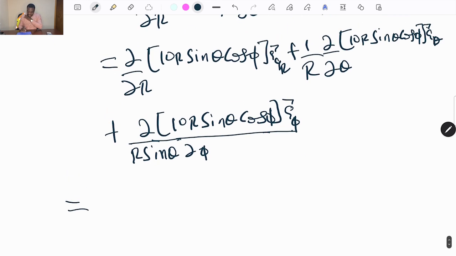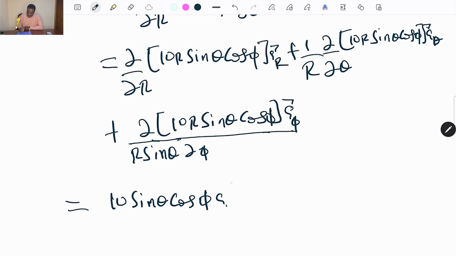So we have 10. You are differentiating with respect to r, so this is going to be 10 sine theta cos phi.